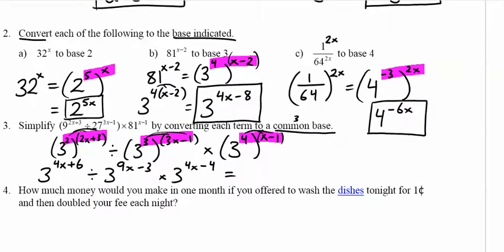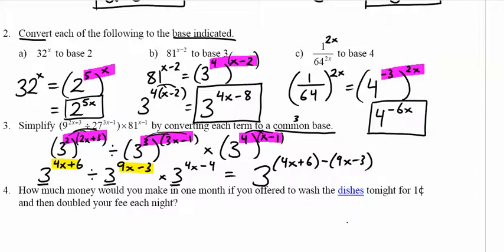So now what I can do is I can take the common base of 3, and I can just take my 2 exponents that are being divided, and I can subtract those ones using one common base.